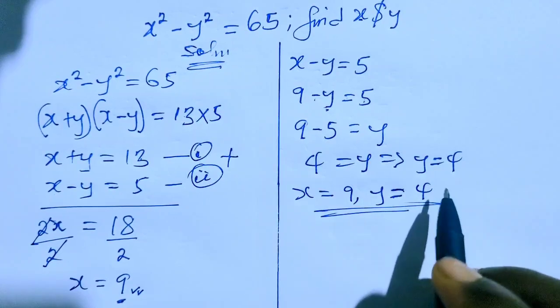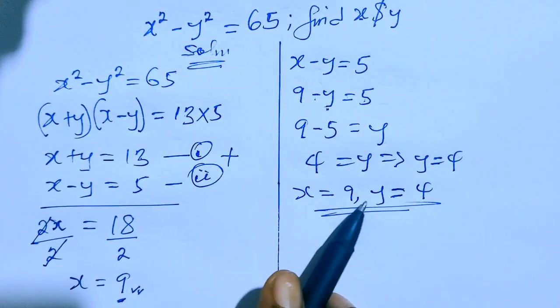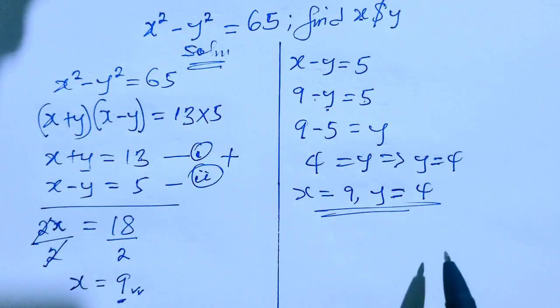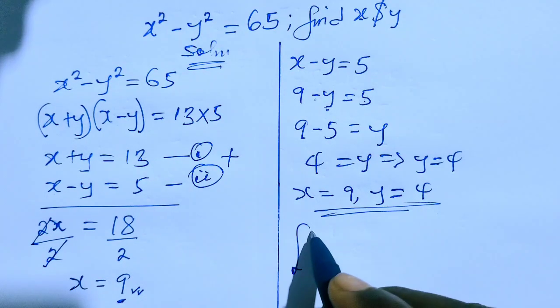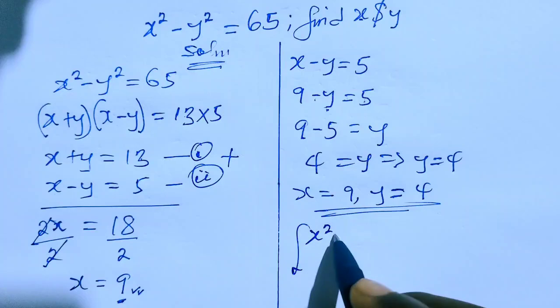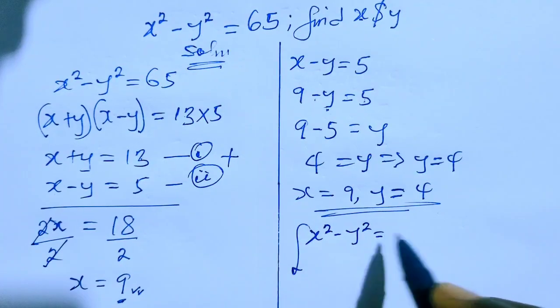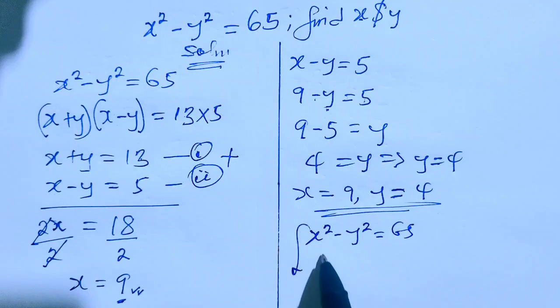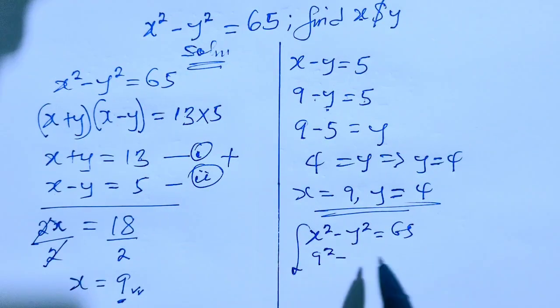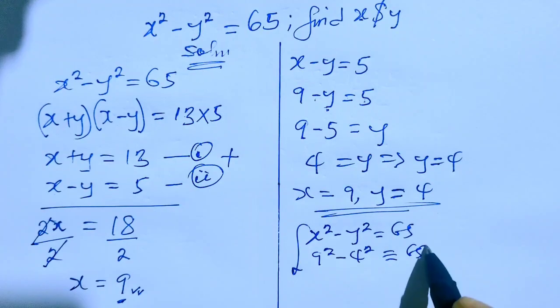Now, you can also confirm your answer by substituting these values back into the main equation. The main equation was x squared minus y squared equals 65. Taking these values back, we have x is 9 to the power of 2, y is 4 to the power of 2, equals 65.